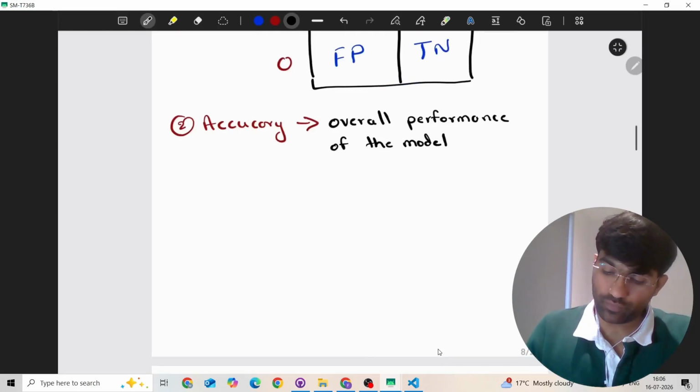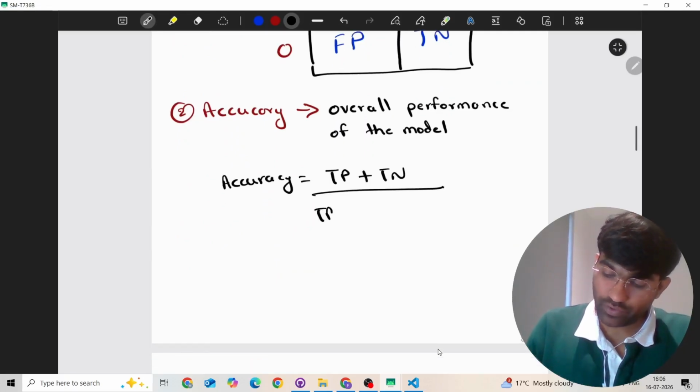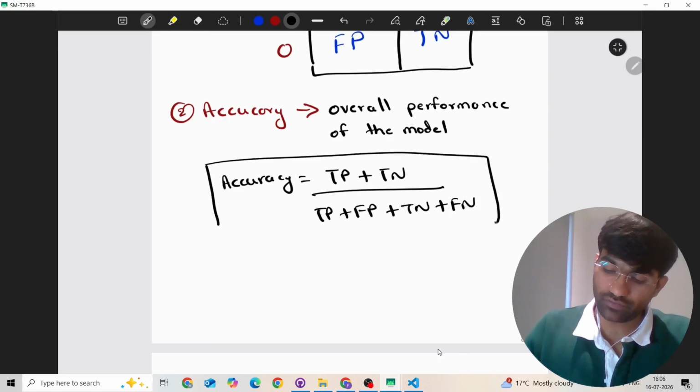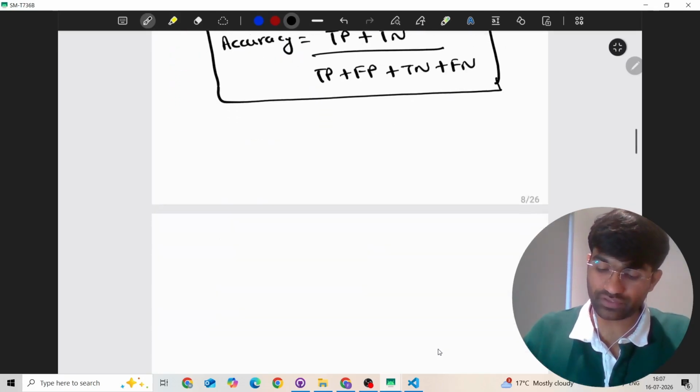The formula for accuracy is true positive plus true negative divided by true positive plus false positive plus true negative plus false negative. So this is the formula for accuracy. It is the overall performance of the model.